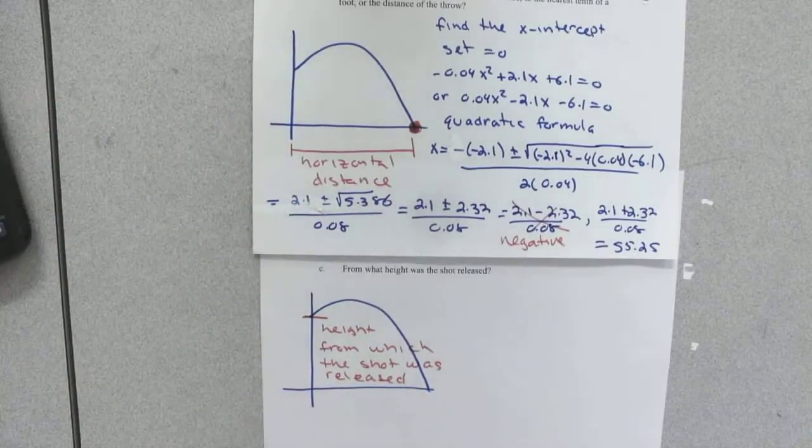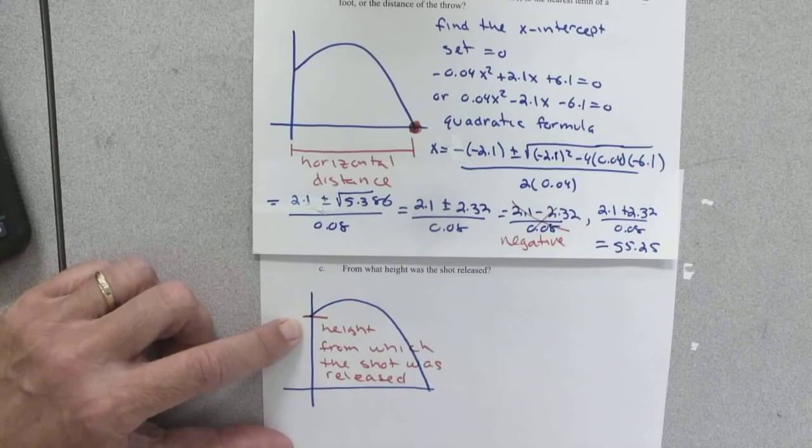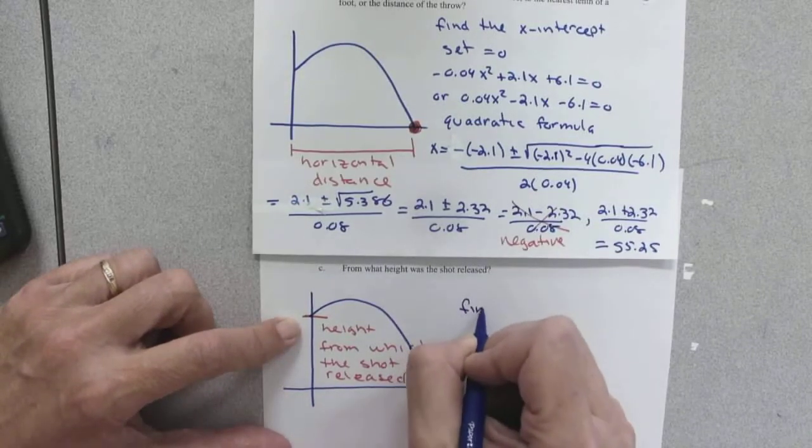And so again, this problem was really not terribly difficult, but it was about understanding what each one of the phrases in English told us mathematically. That this is a person throwing a shot put. And so the height from which it would release would be pretty much right from where the person was standing, that y-intercept. So I just need to find the y-intercept.